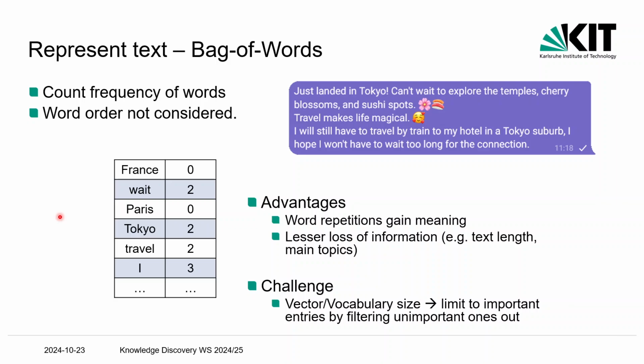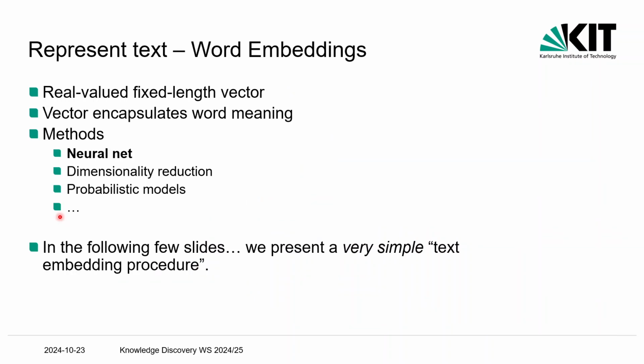Yeah, there's ways for doing that, but we're not going to go too much into detail in that regard. Instead, we'll show how we can actually represent documents in real valued fixed length vectors, where this particular vector encapsulates word meaning.